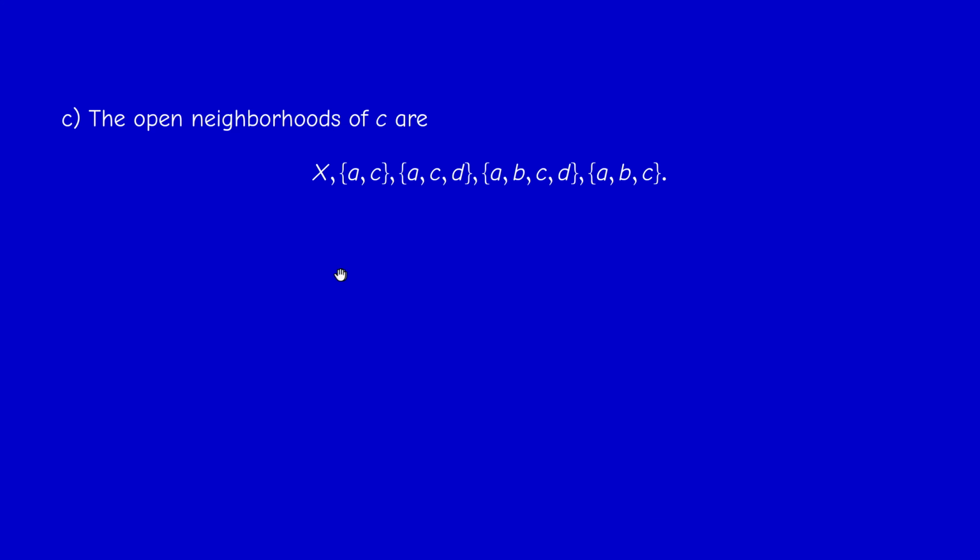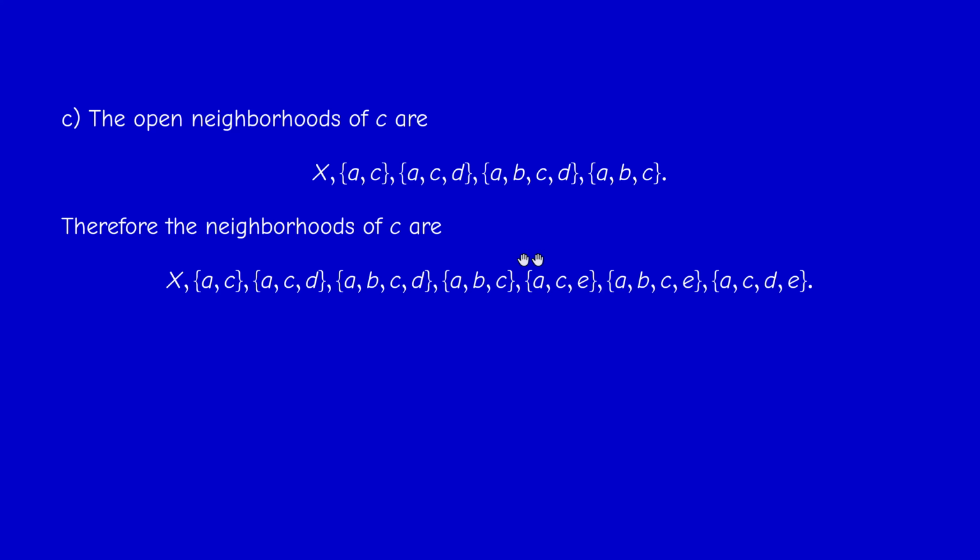Now any set containing one of these 5 sets is also a neighborhood. So I have to add 3 more non-open sets. In addition to these 5, you have ACE, where we add just E to AC, and D is already there.